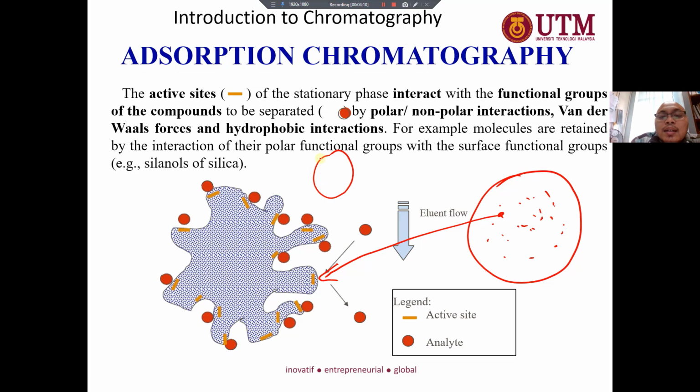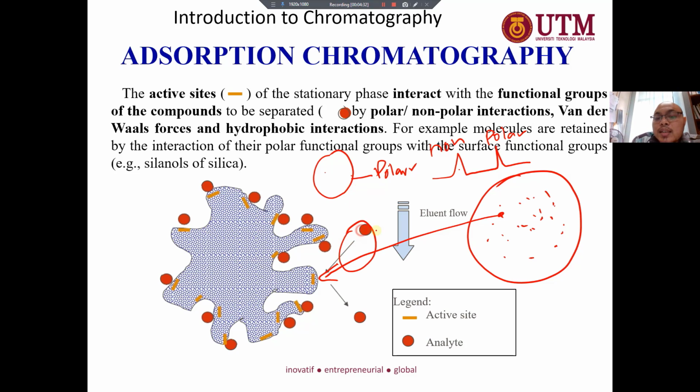If you have a polar surface, in the chromatogram, the one that elutes earlier is non-polar. The one that elutes last is polar because it interacts the most with the polar surface or the polar active site.